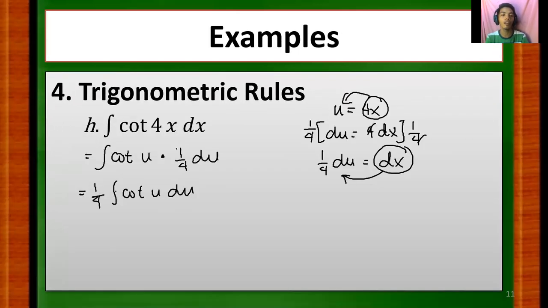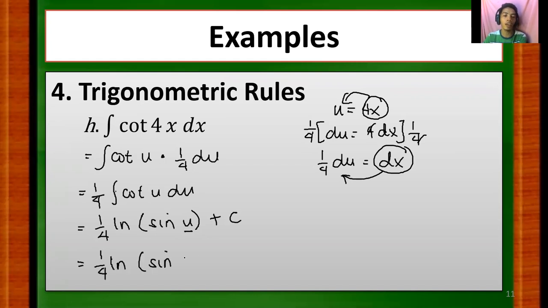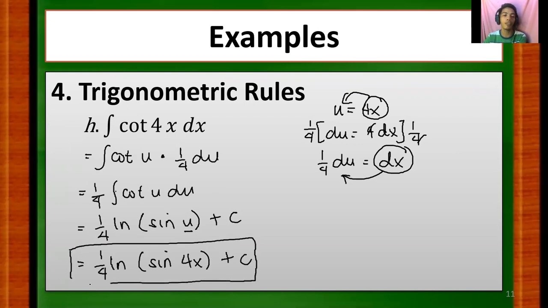So therefore, in this case, I will have 1/4 ln of sine u plus c. Ano ba ang u natin? 4x. So I will have 1/4 ln of sine 4x plus c. And this is our antiderivative.